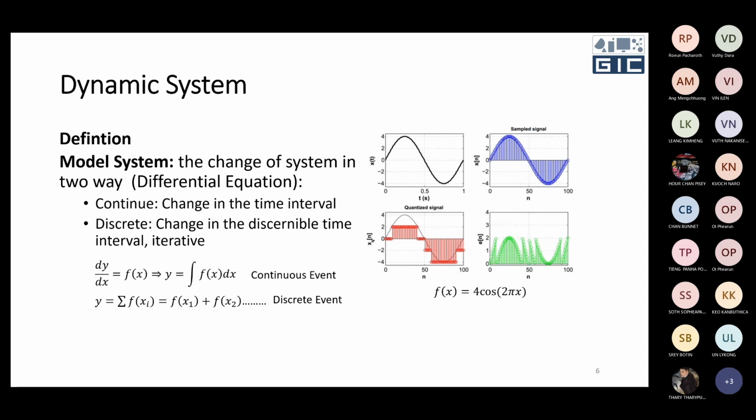So in the dynamic system, we try to model something. As you know, the definition is the study of the fundamentals about the change of the system. Our system can be represented in two ways using differential equations. Our differential equation can be observed in two ways: one is continuous and the other is discrete.